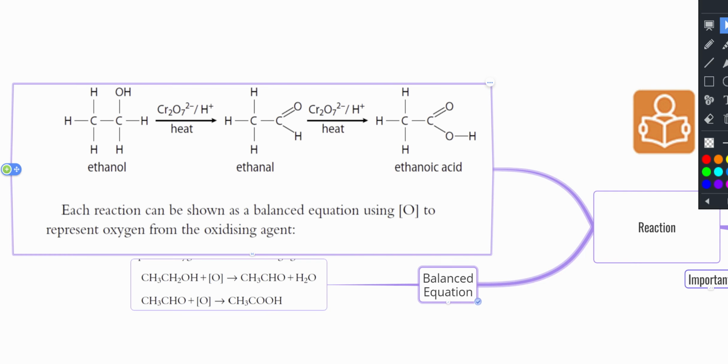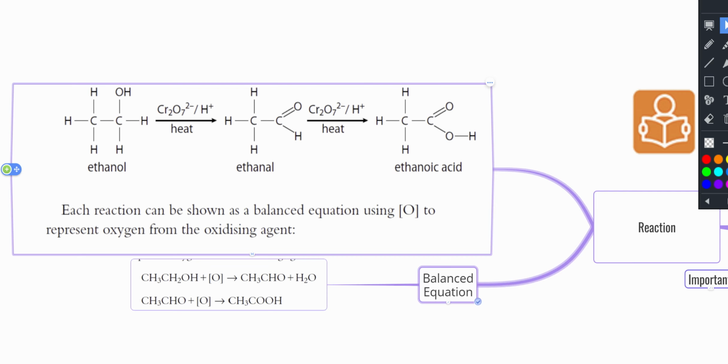Acidified potassium dichromate, for example, is a very strong oxidizing agent. And if you use that in this process, then the reaction will stop only when ethanoic acid is formed because it has a strong tendency to oxidize completely.